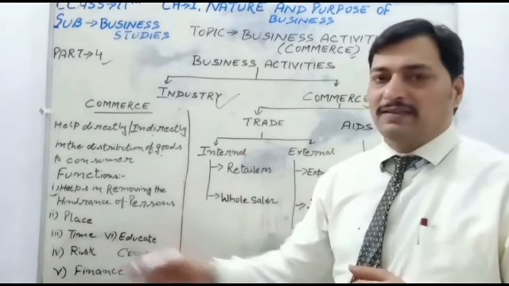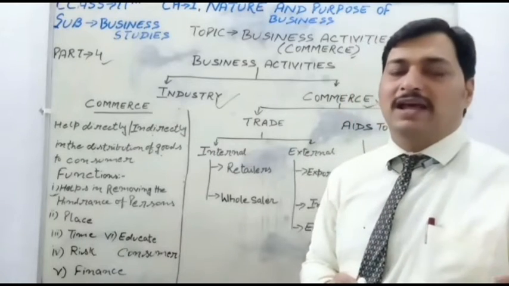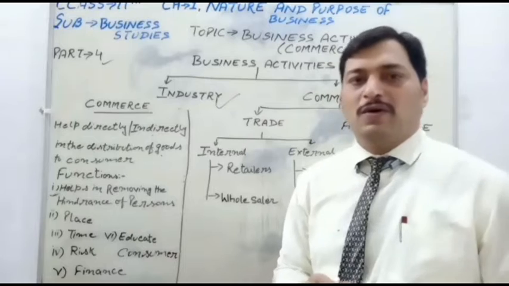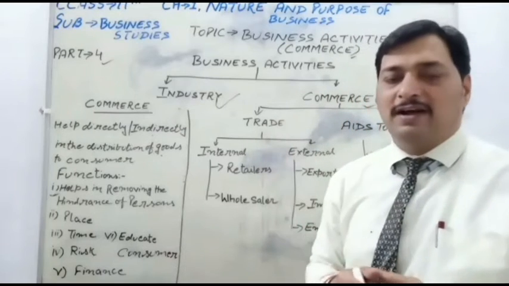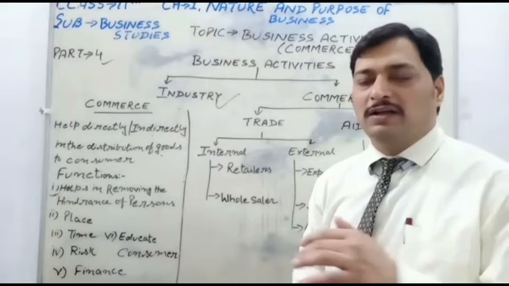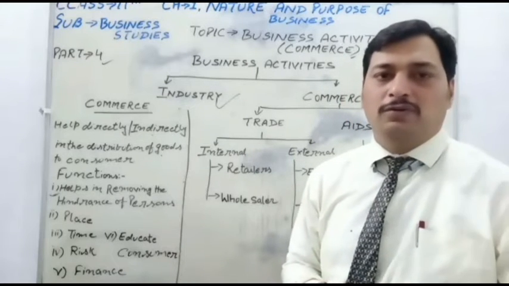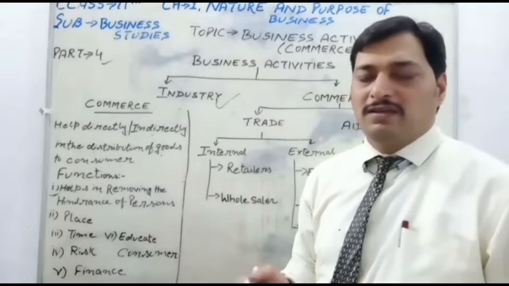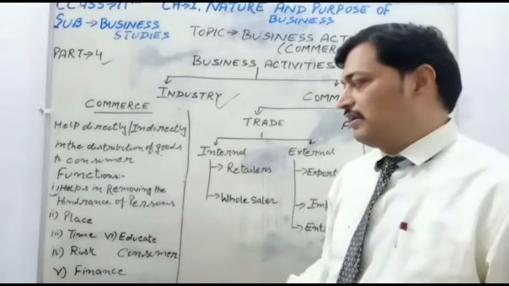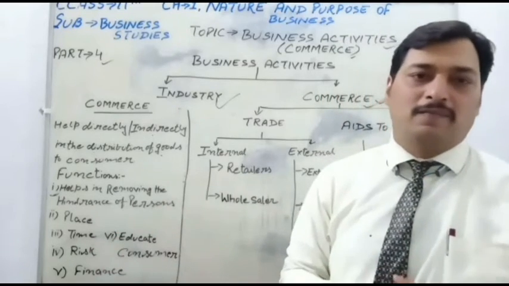So commerce creates a place for the manufacturer to sell goods to the consumer, and goods are available at the local level and transferred to every area of the country. Next is helping in removing the hindrance of time.